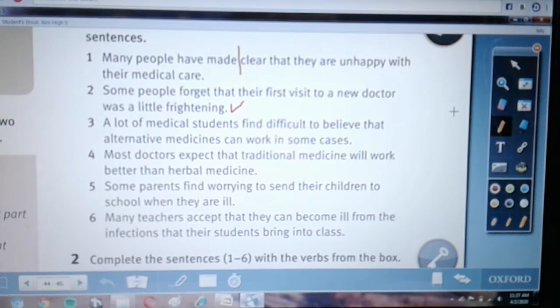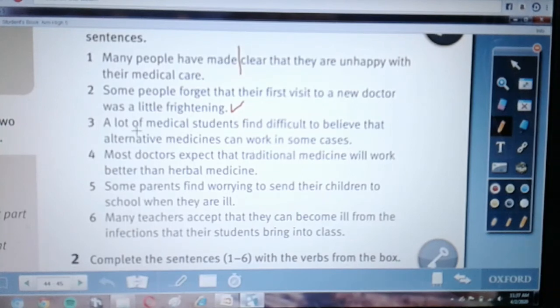Okay, alright, move on to number 3. A lot of medical students find difficult to believe that alternative medicines can work in some cases. What do you think about this sentence? Shall we add it after the main verb find? Let's try to read it if we add it.